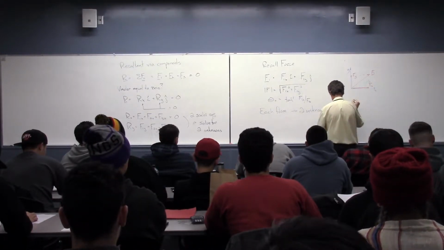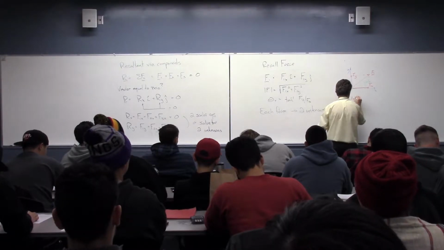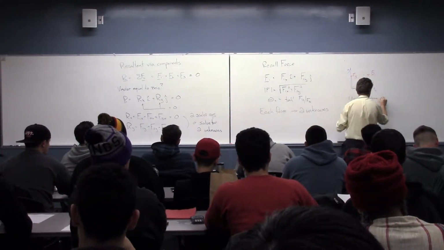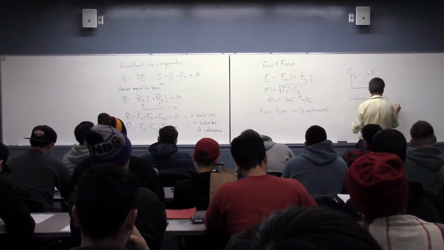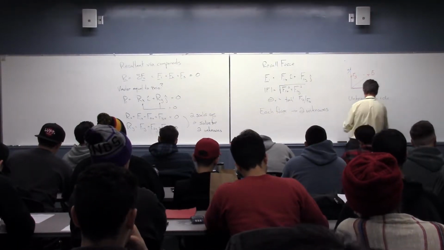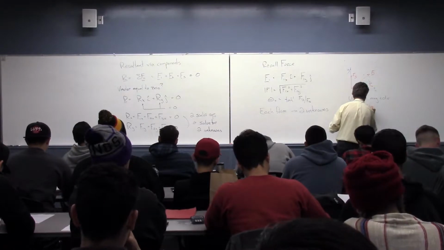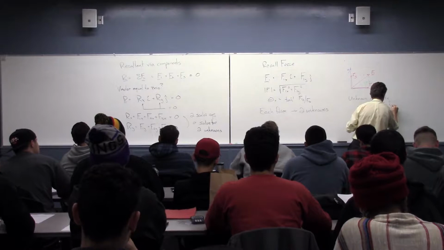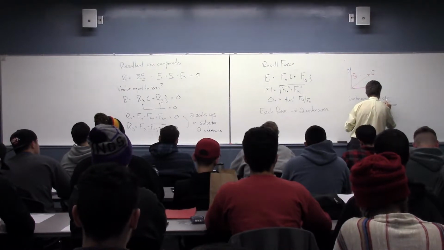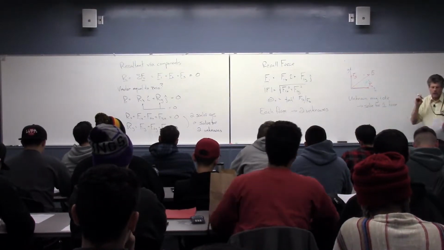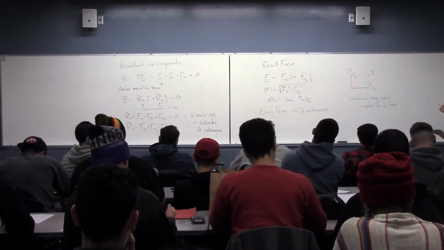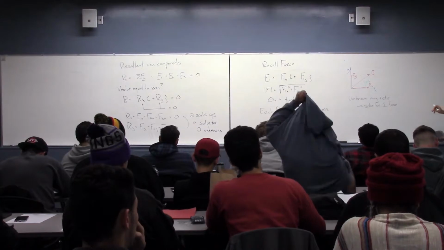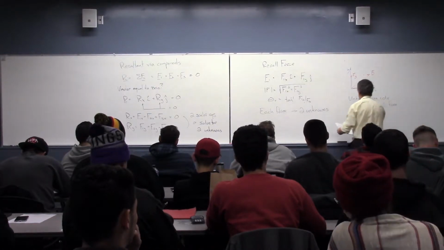So just to continue that. If I have an unknown force in an unknown direction, I can solve for one force. I have to have two equations basically to solve for that.